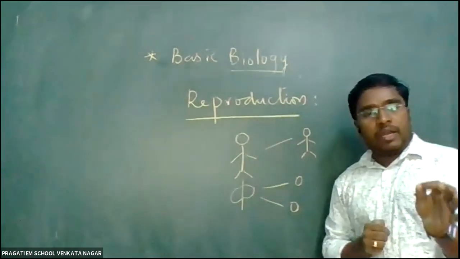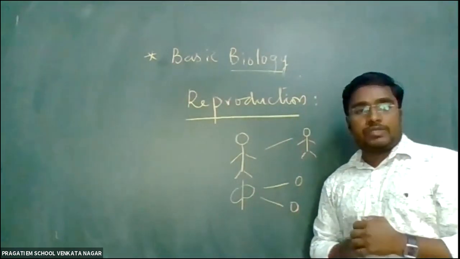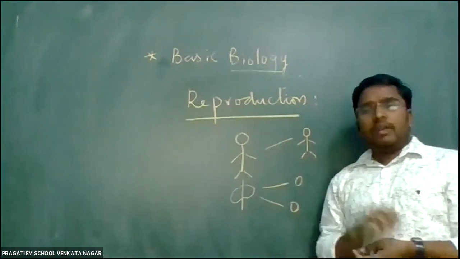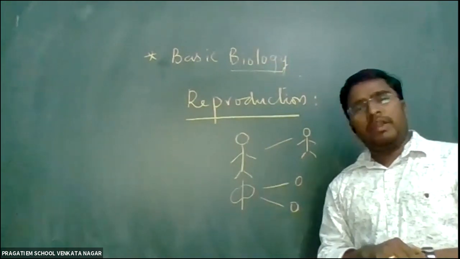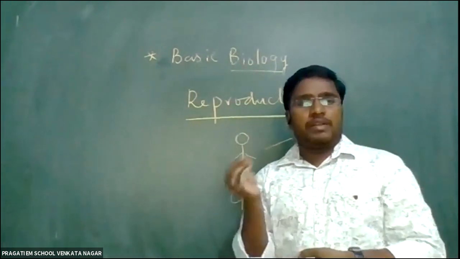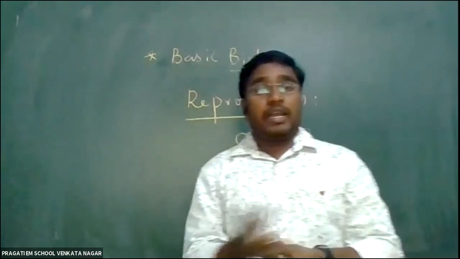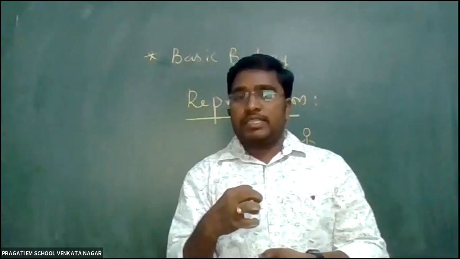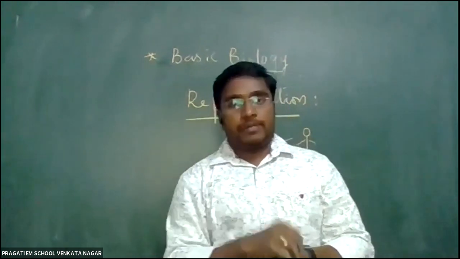So living organisms reproduce. In lower classes, you learned so many characters. A living organism can move, can respire, can adapt itself, and particular living organisms can evolve, isn't it?